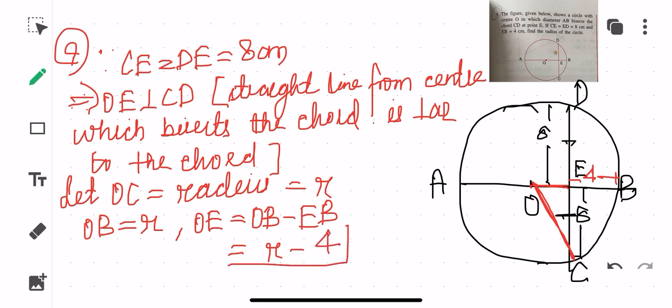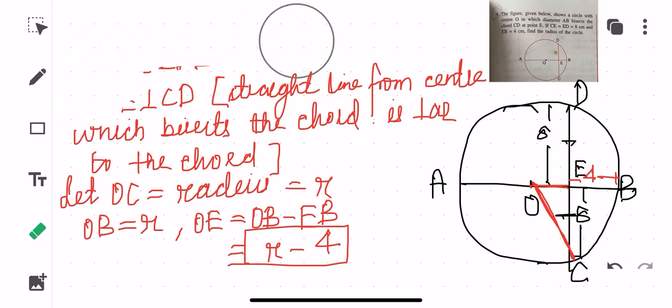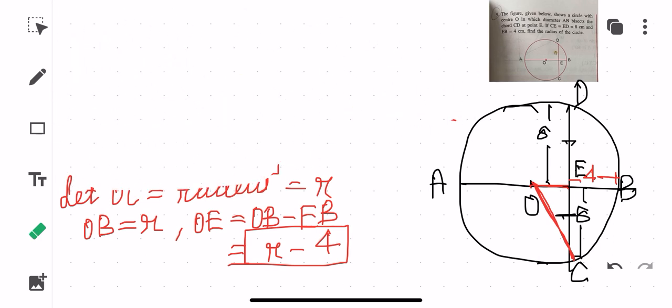So this is an important thing that you have to find out. If you are done with this, then you can easily get the answer. Now we will be moving to triangle. See, in triangle OEC, write down OC square is equal to OE square plus EC square.